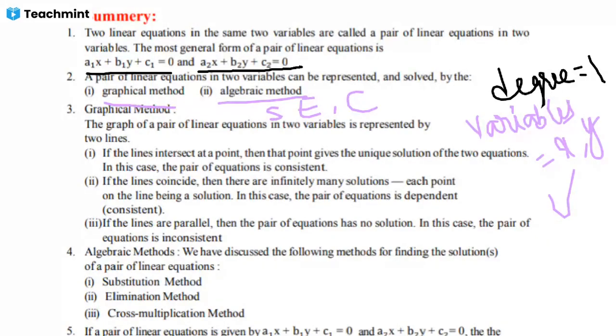Whatever problems you get from substitution method and elimination method will be 2 marks questions, and based on equations reducible to linear equations or from cross multiplication method, you may get 3 marks questions. So keep that in mind while practicing this chapter.